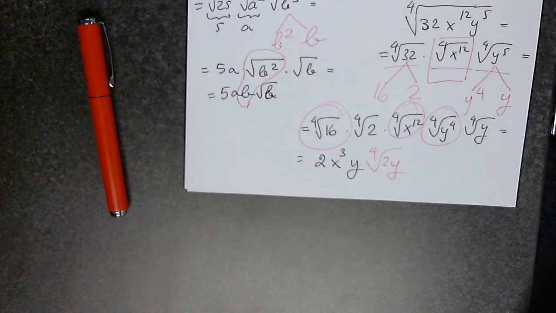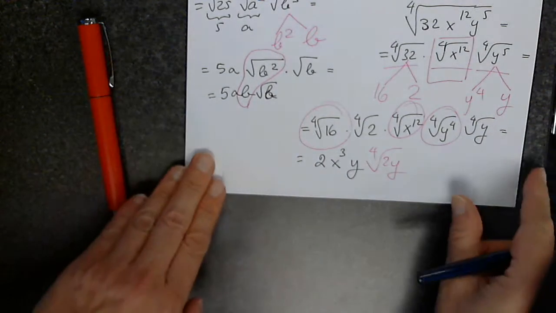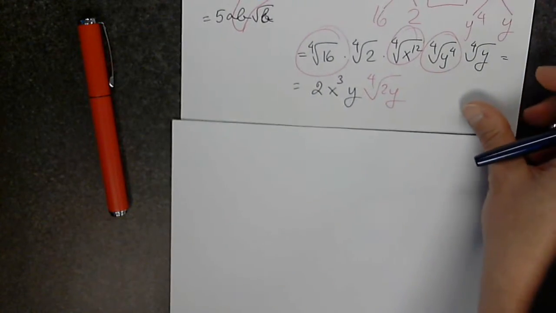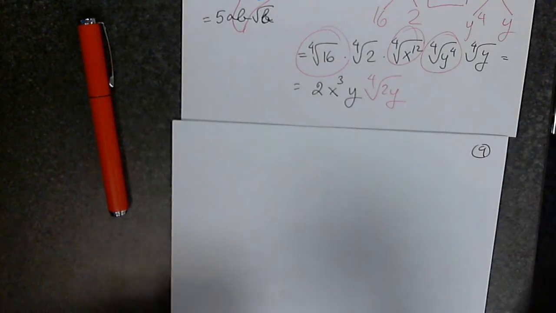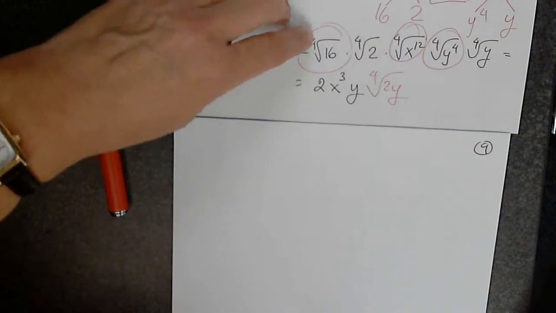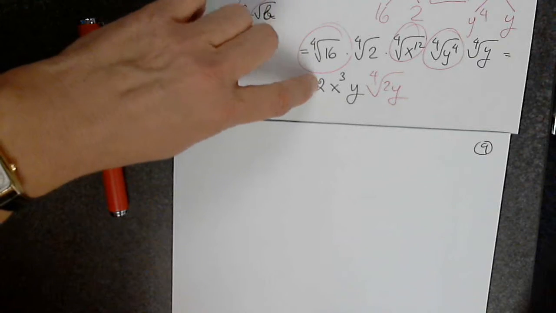Any questions? How did you get that? You went through that again? Yes. From the beginning? No, just from the last. From here? Okay. So the fourth root of 16 is 2.